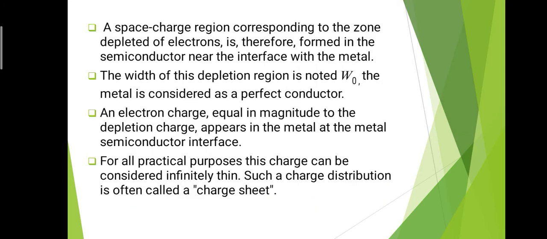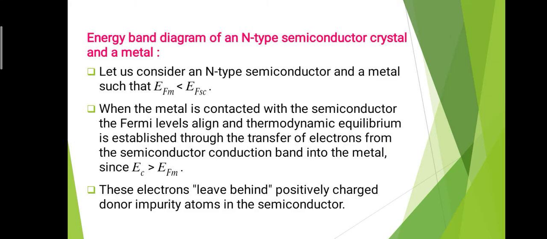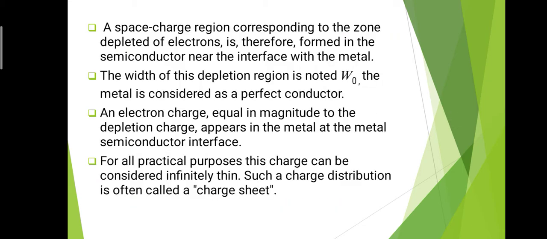Now as already mentioned, there is a formation of positive charge in the semiconductor due to the transfer of electrons from the semiconductor to the metal. Due to that process, a space charge region corresponding to the zone depleted of electrons is formed in the semiconductor near the interface with the metal.